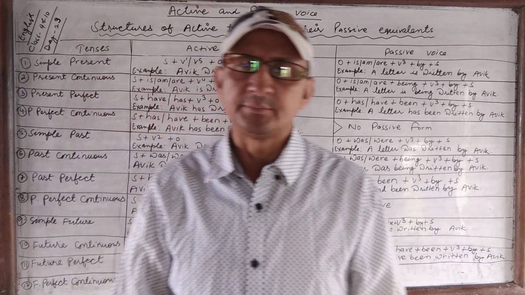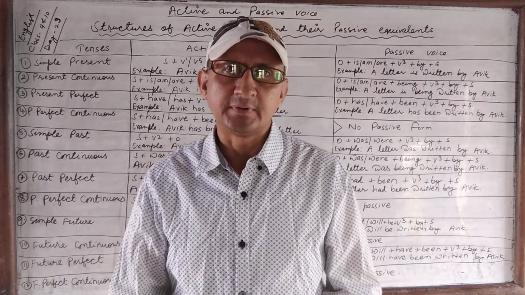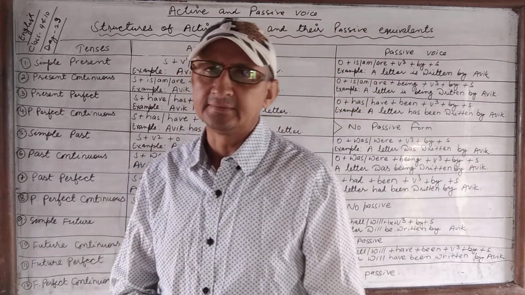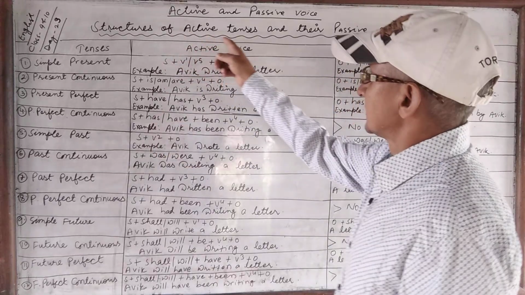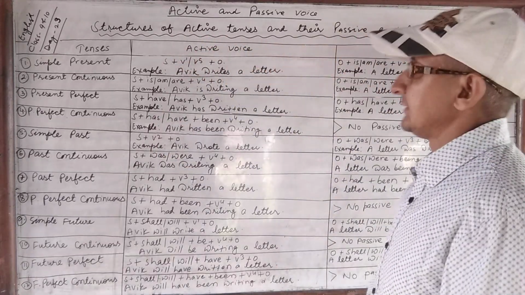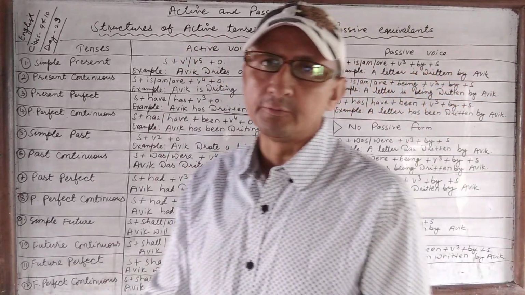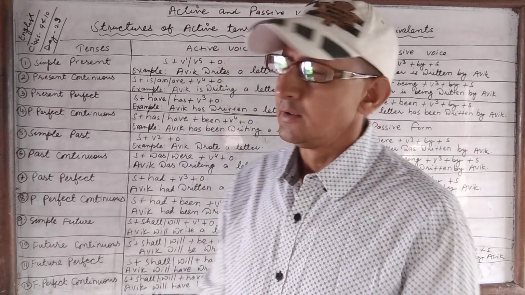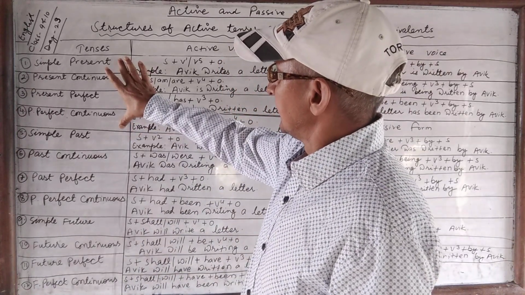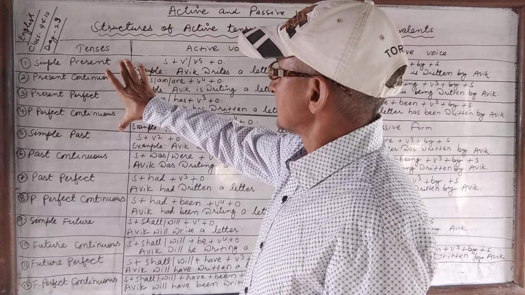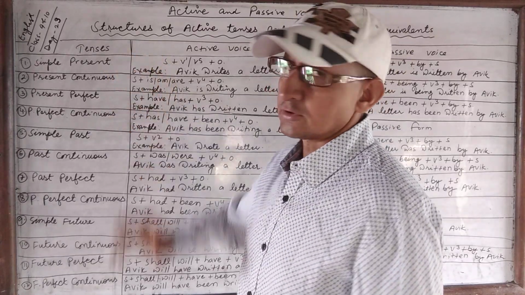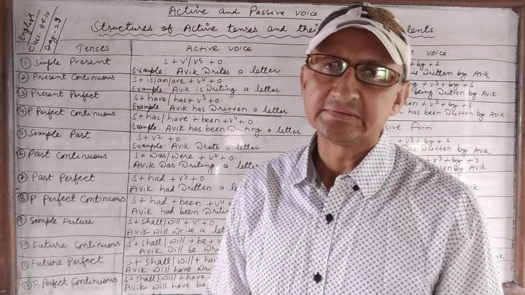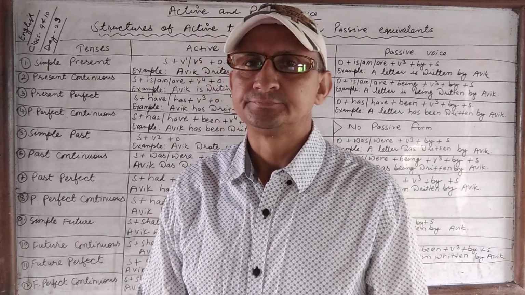Other things we have discussed in our previous class are the structure of active tenses and their passive equivalent. We have discussed the active structures and passive structures of present tense and past tense.